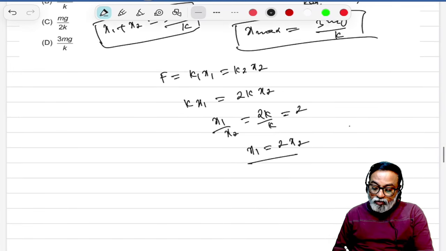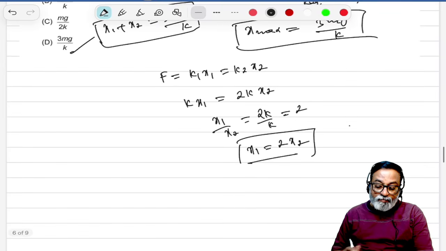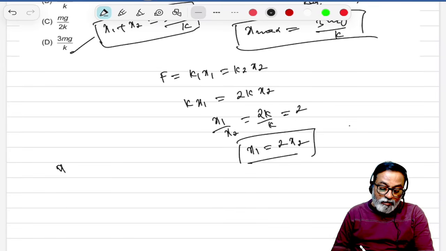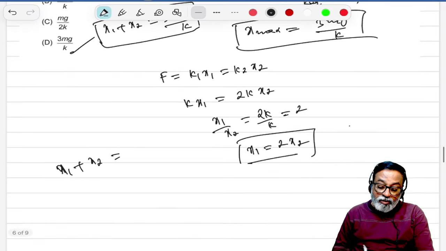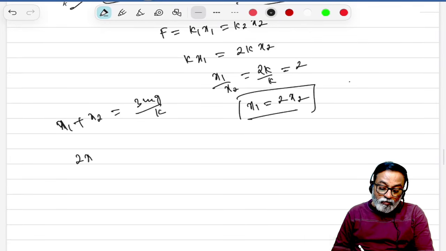ఈ x1 is equal to 2x2 ని x1 plus x2 is equal to 3 mg by k లో సబ్స్టిట్యూట్ చేద్దాం. See, x1 plus x2 is equal to 3 mg by k. ఇక్కడ x1 అంటే 2x2. 2x2 plus x2 is equal to 3 mg by k.